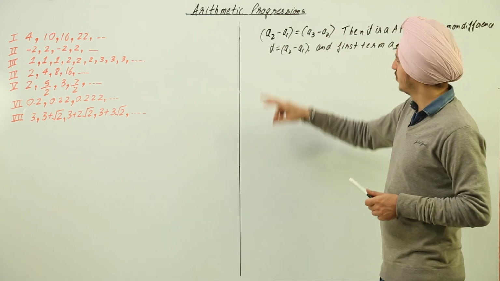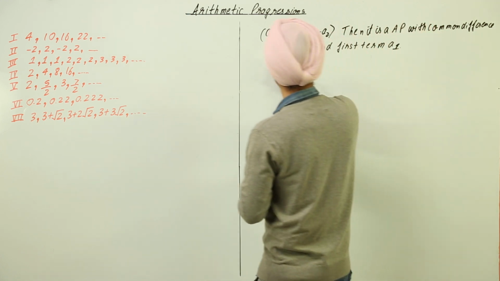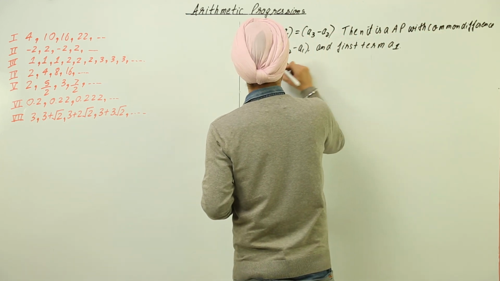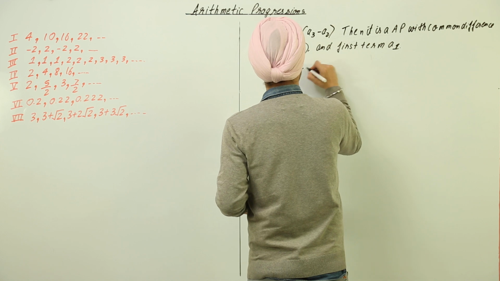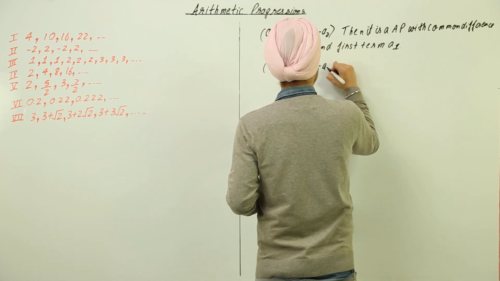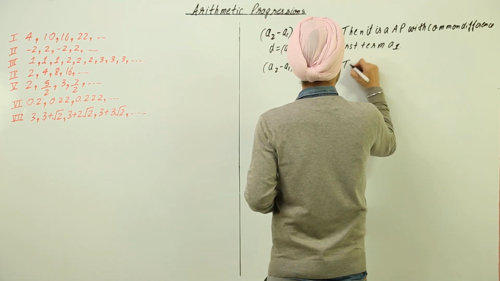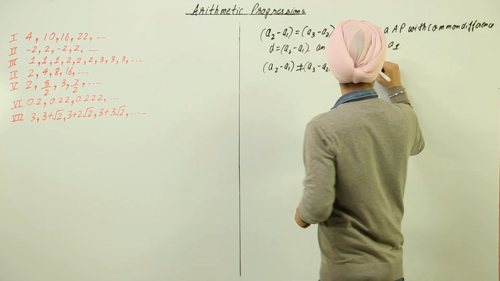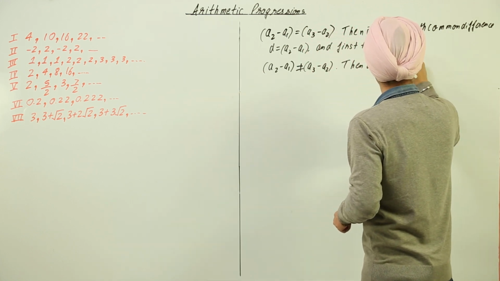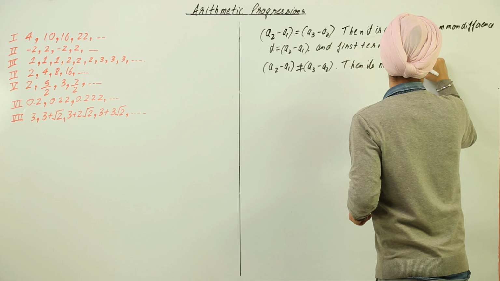And if A2 minus A1 is not equal to A3 minus A2, then it's not an AP.